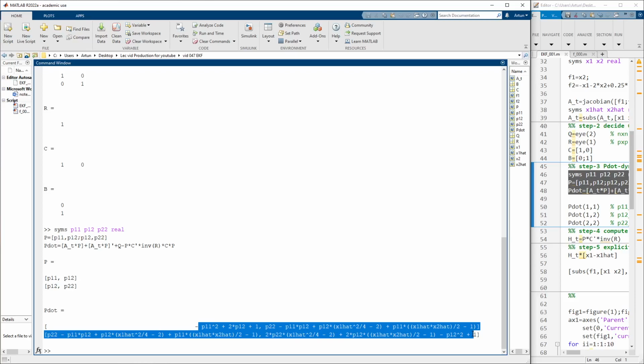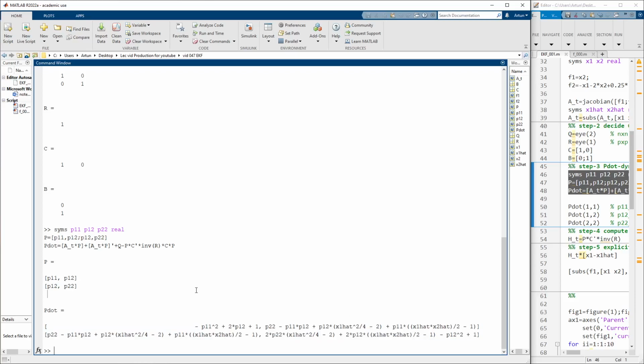So just think about this. For example, we will have two state dynamics, the state of our real system, I mean quote unquote real, x1 and x2. And then we need to also have three states, P11, P12 and P22, quote unquote states, you know what I mean.